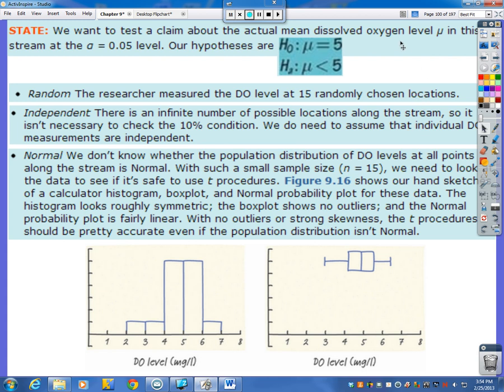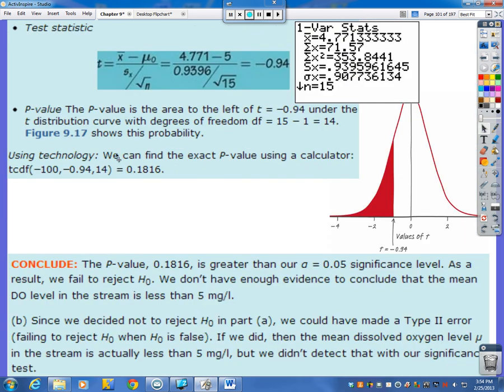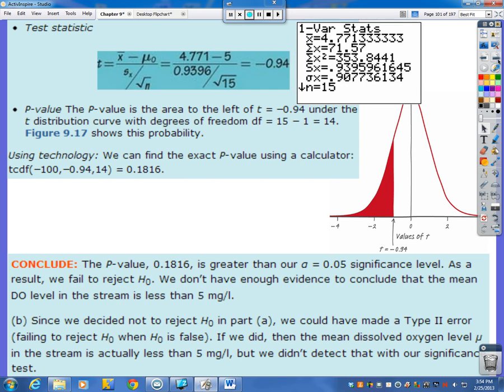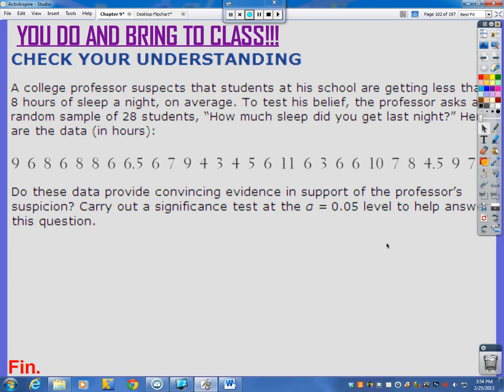I mean, here's just part 1, part 2. Then here's all the calculation stuff, and here's the conclusion. Here's what I got from my calculator. And then here's the one problem that I would like you to do and bring to class so that you can get some more practice on this. Okay, so let me scroll this up because there is another number hiding under here.